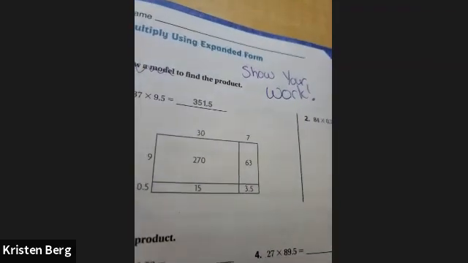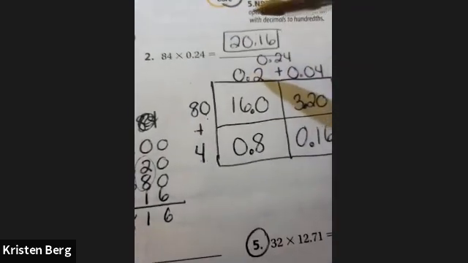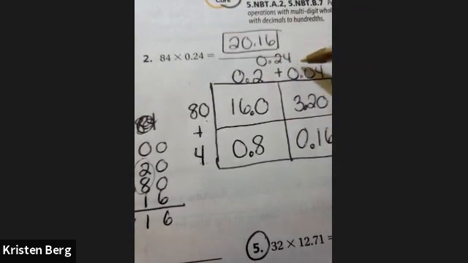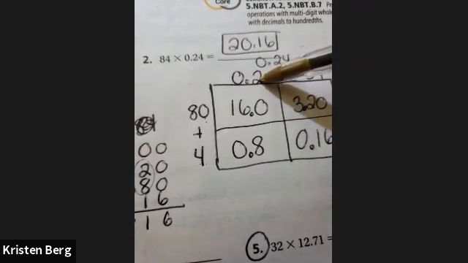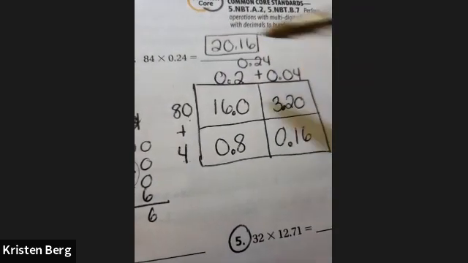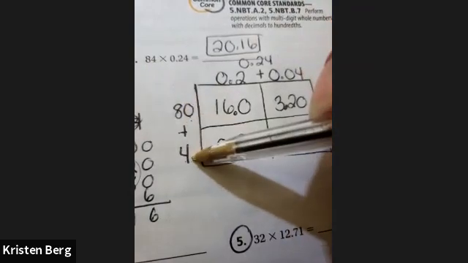So you could have showed a model here. If you chose the model method, I'm just going to show you exactly what you should have gotten. So you could have separated 24/100 as just 2/10 plus 4 in the hundredths. And then how would you separate 84? It would have been 80 plus 4.